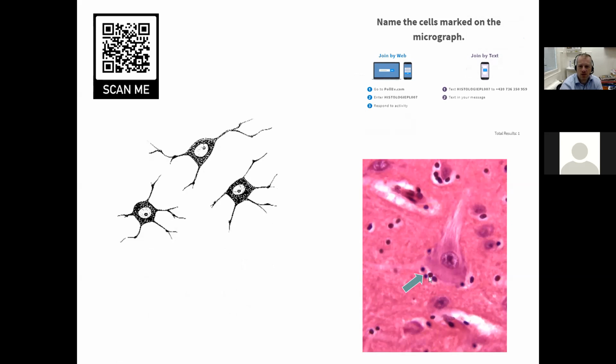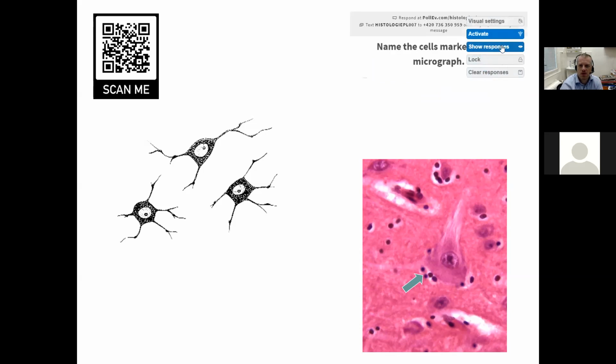You can't usually see in the routine sections. So what's your opinion on these cells? Let me check your responses. So you're suggesting it's oligodendrocyte. I completely agree with that. It's oligodendrocyte, but it's oligodendrocyte in the gray matter.